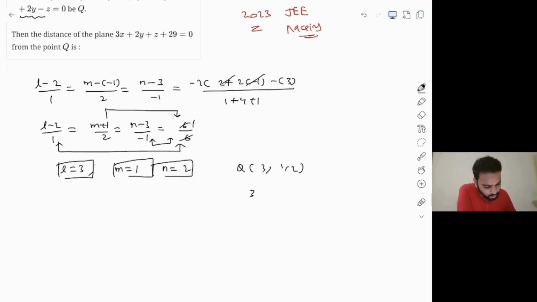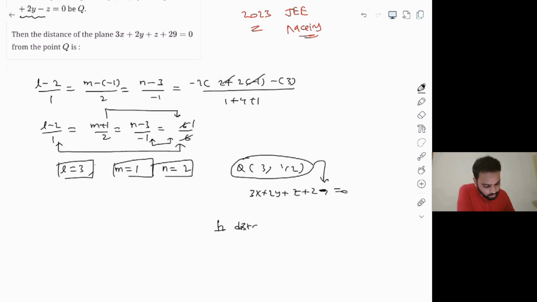So let us write down the plane equation here, which is 3x + 2y + z + 29 = 0. We have to find out the distance of this point Q from this plane. Once again, it is a concept of perpendicular distance.